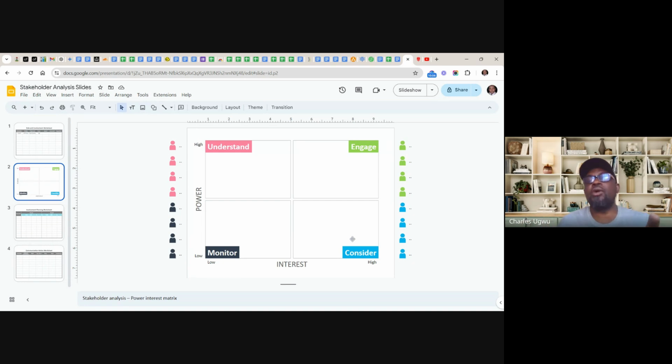So this is how we are going to plot all these stakeholders. For instance, if you want to plot them, you see high power, you can pick this one and come over here and see high power.